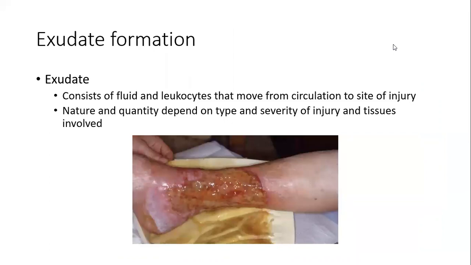So all this process results in the formation of exudate, which consists of fluid and leukocytes and proteins that move from the circulation to the site of injury. The nature and quantity depends on the type and severity of the injury to the tissues involved. And sometimes the waste products fighting the infection, like pus, is also in exudate.